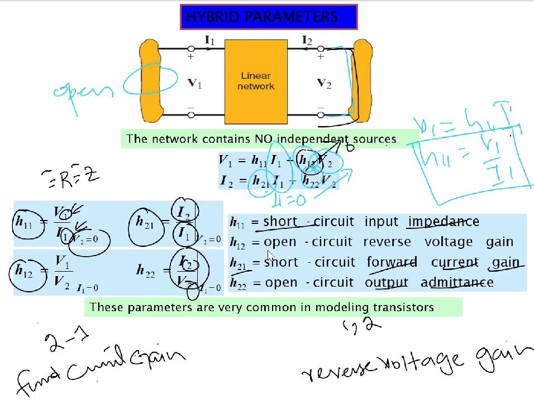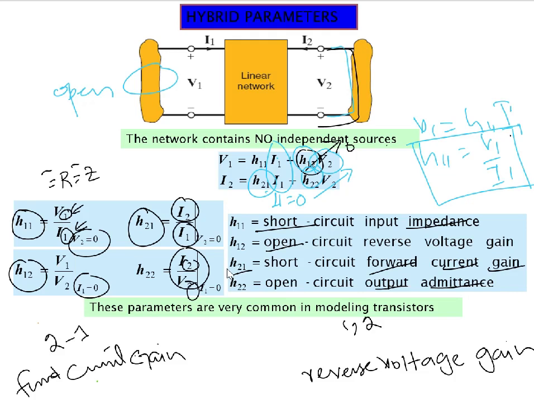If a thing is open, it means that it is using a current. So H12 is using current, that's why it is termed open circuit reverse voltage gain. It's voltage, so it is reverse voltage gain.